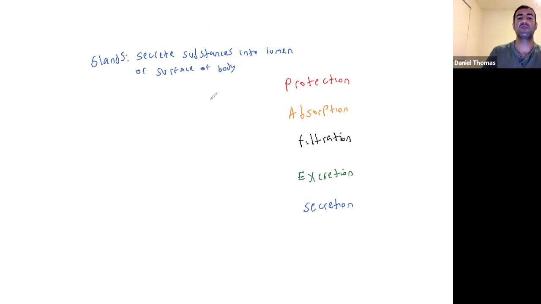One example of that is a sweat gland, or goblet cells that secrete mucus. So those are examples of glandular secretions.